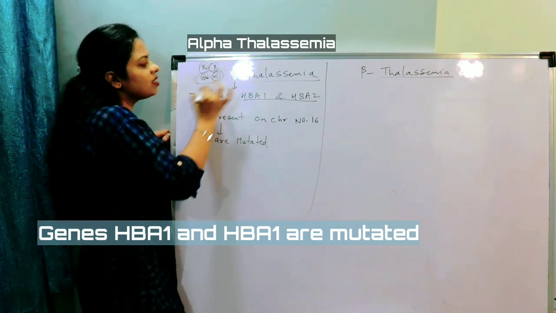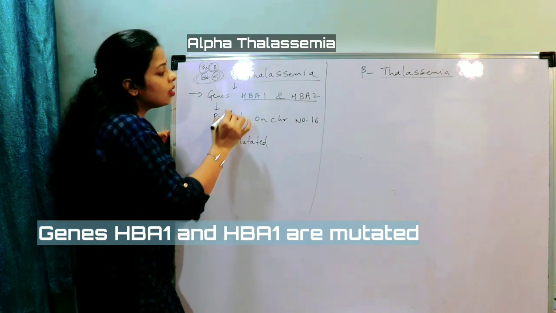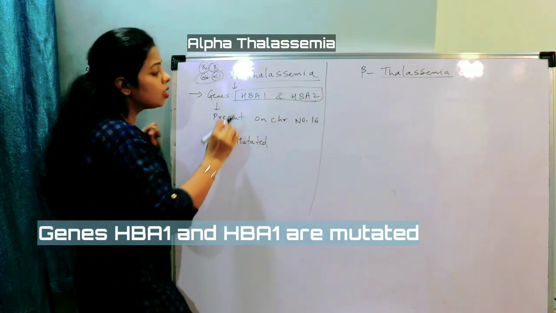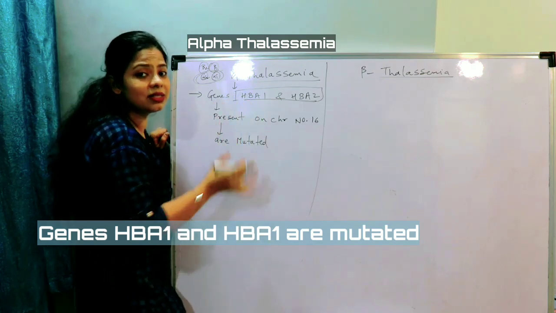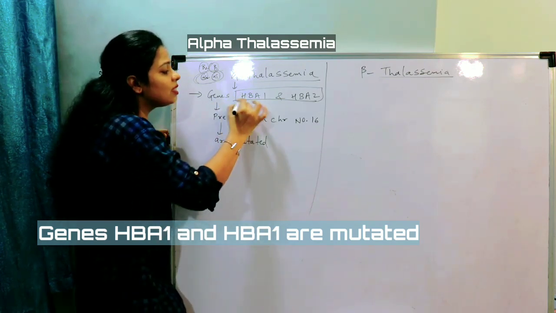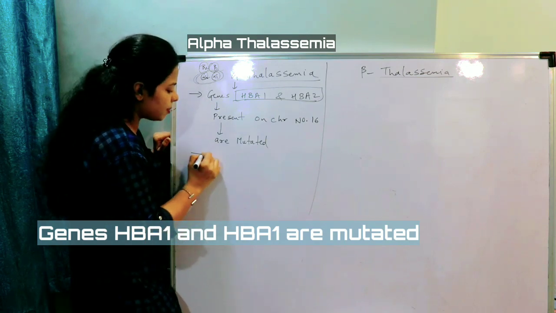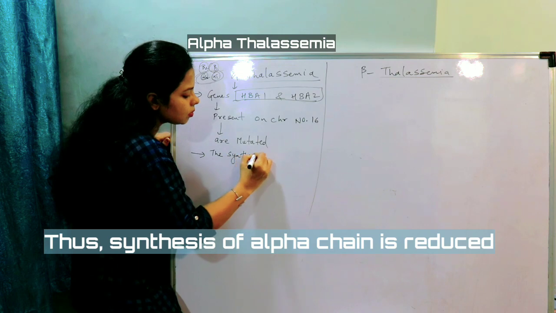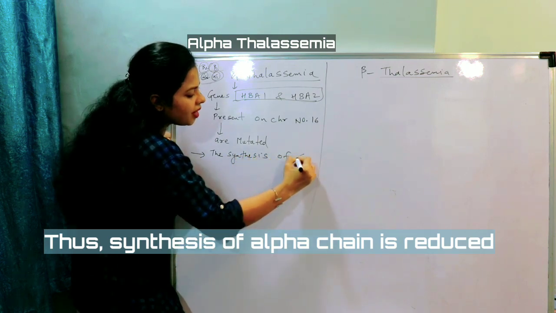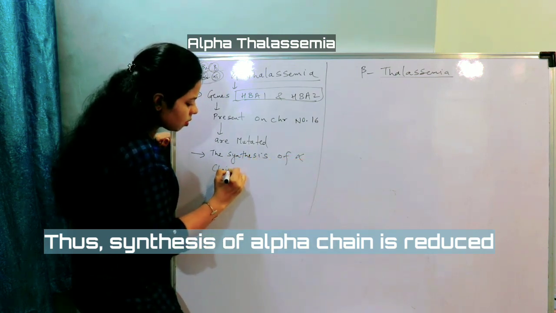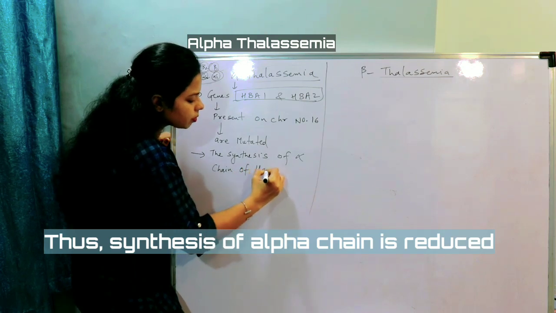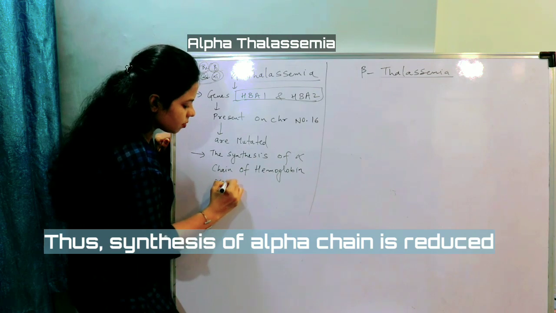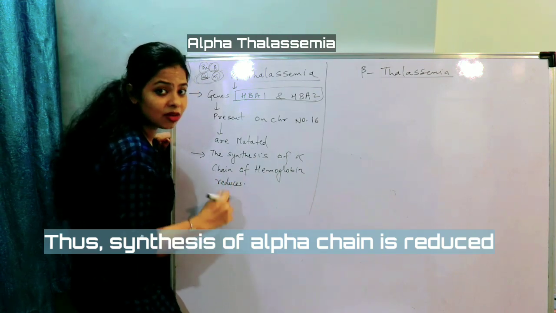So the alpha chain synthesis is coded, or controlled, by these genes. Now if these genes are mutated, the synthesis of the alpha chain of hemoglobin is reduced.